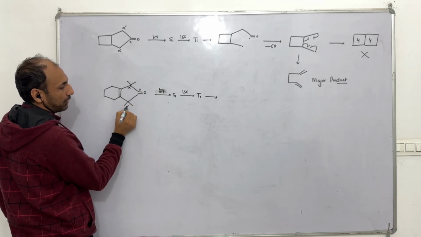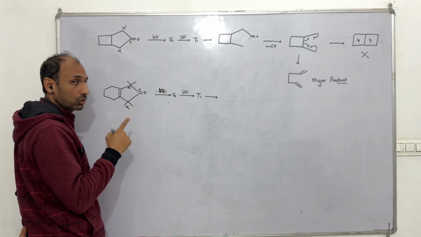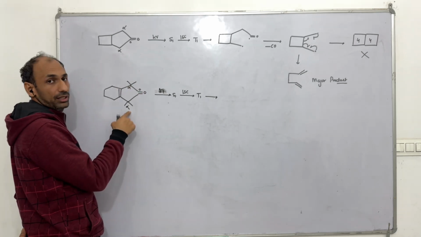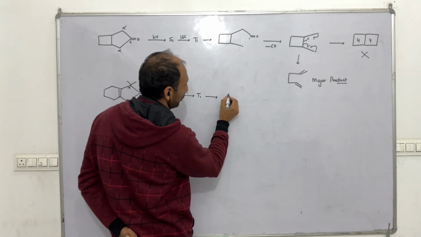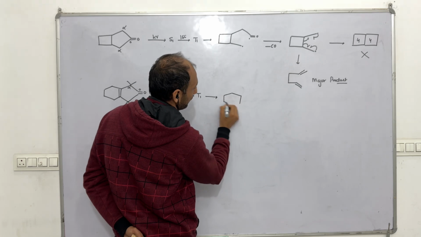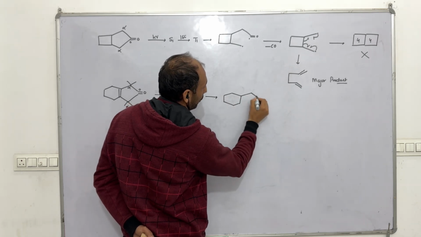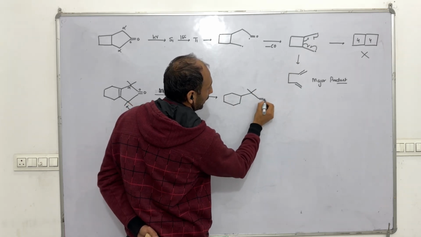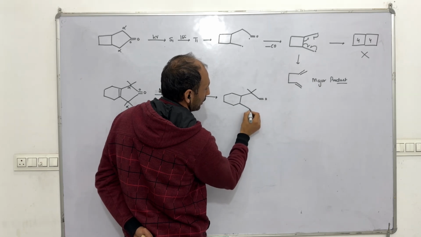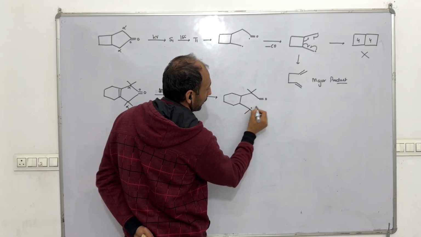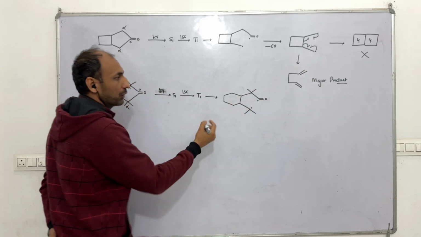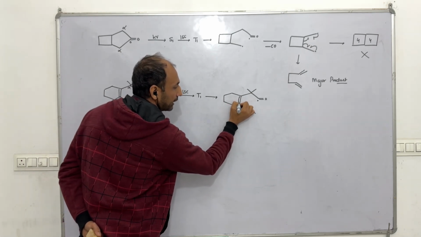This position is alpha, and this position is also alpha, like the previous one. It is the very same. So what will happen? One of the alpha bonds will be broken, and you will get a diradical.